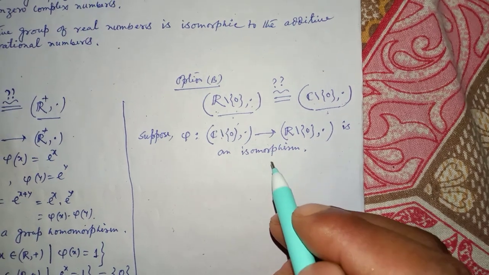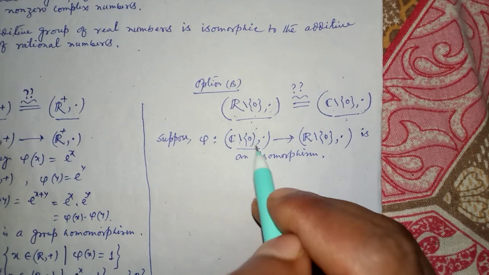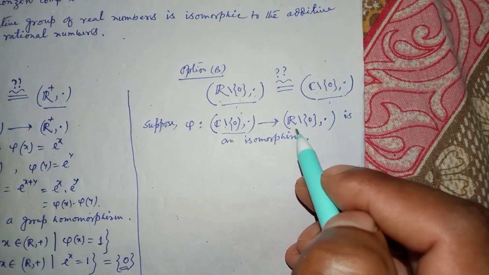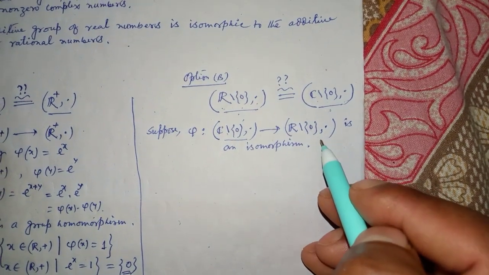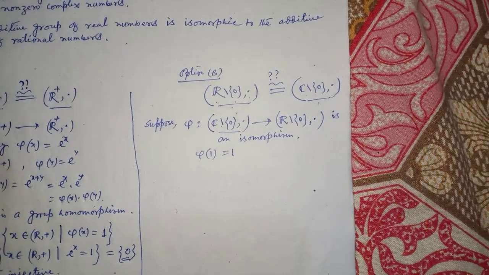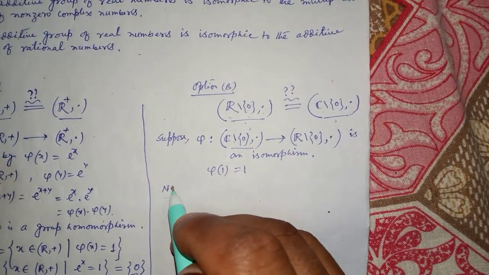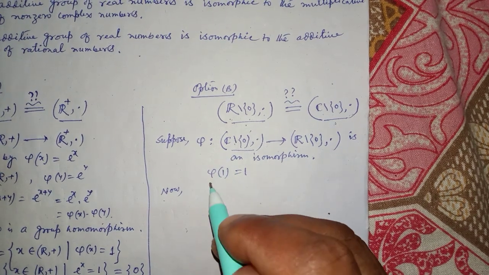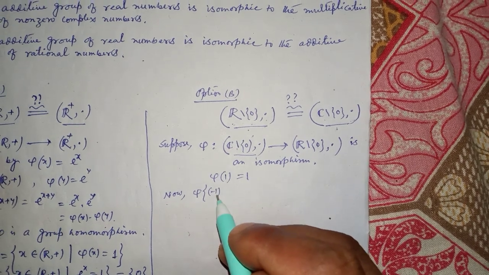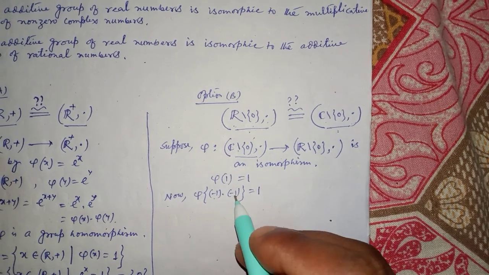Since it is an isomorphism, and the identity element of the group C minus 0 is 1 and the identity element of the group R minus 0 with respect to multiplication is also 1, phi of 1 is equal to 1. Now minus 1 into minus 1 is equal to 1.